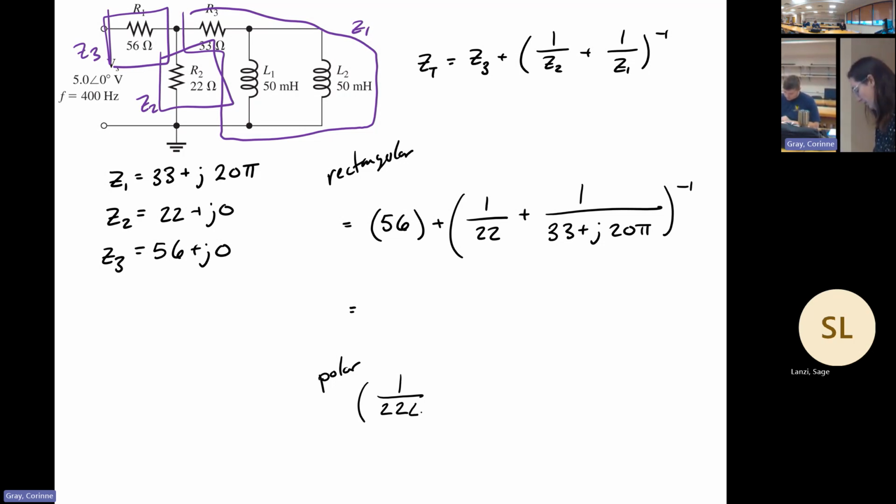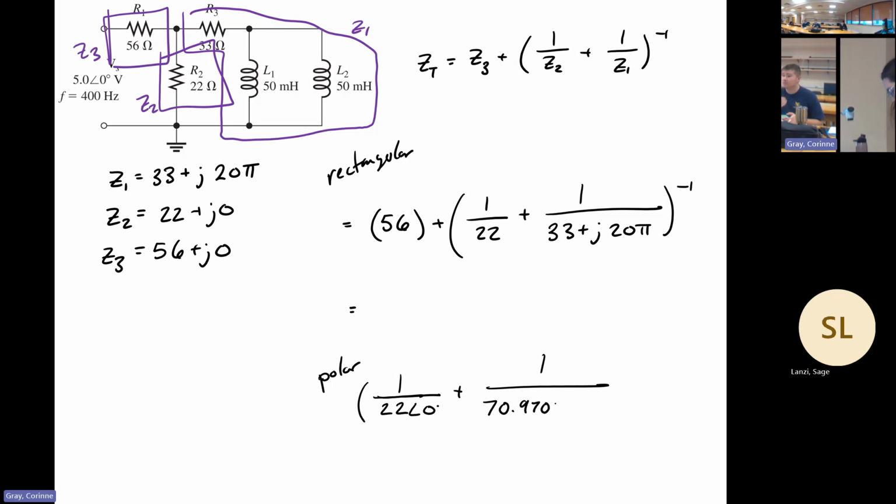We'll put it in here to indicate it. So for Z1 in polar, it's 70.907, and the angle is 62.291 degrees. This is the polar version of it.